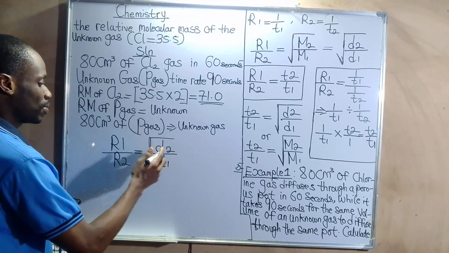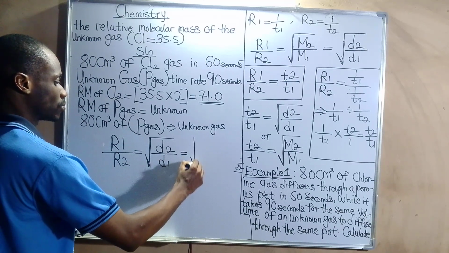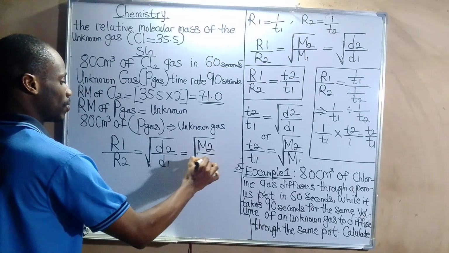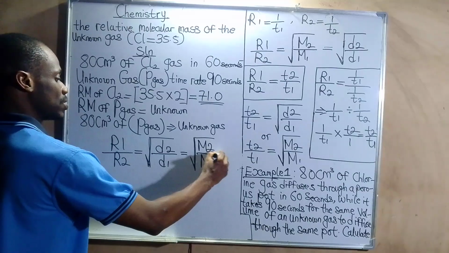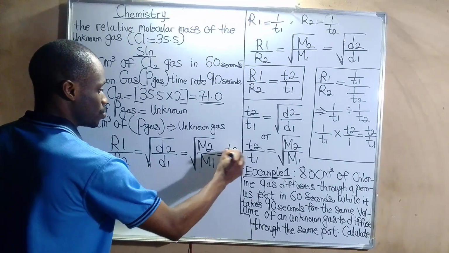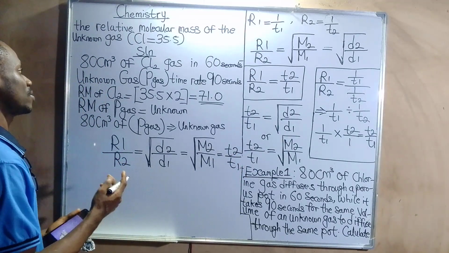The same formula is still equal to the square root of M2 over M1. And the same formula is still equal to T2 over T1.